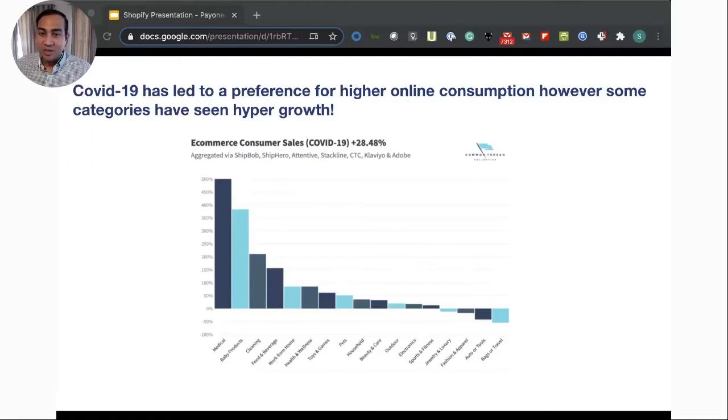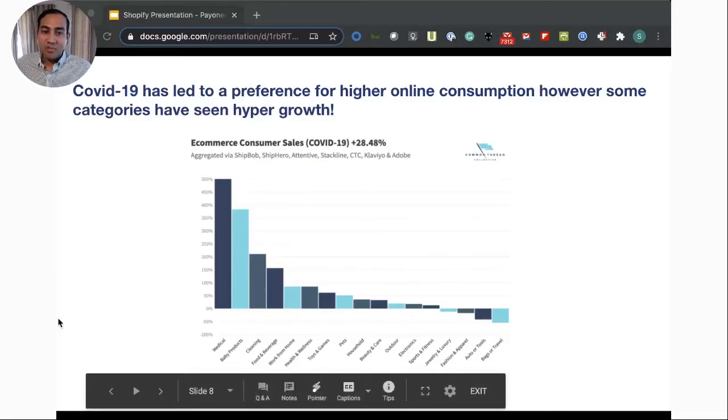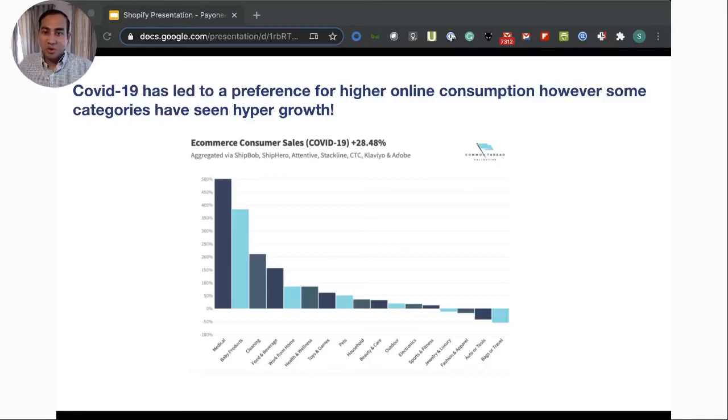Some categories, as we know, like medical or work from home, have seen far more growth as compared to, say, fashion or travel, for that matter. But overall, there's been a trend in favor of online. So I think that's something that we should be cognizant of, and we should look at these growths, these categories that are growing, as opportunity areas.